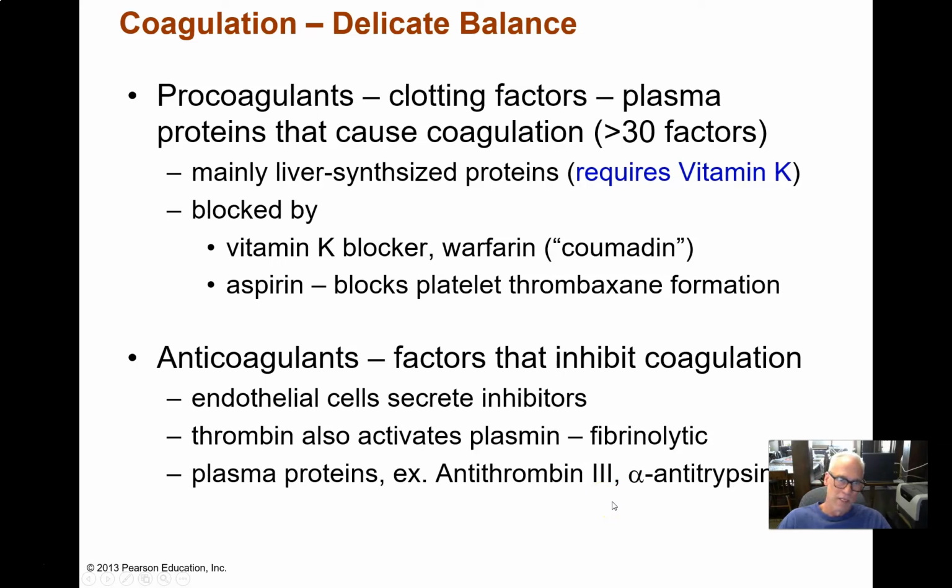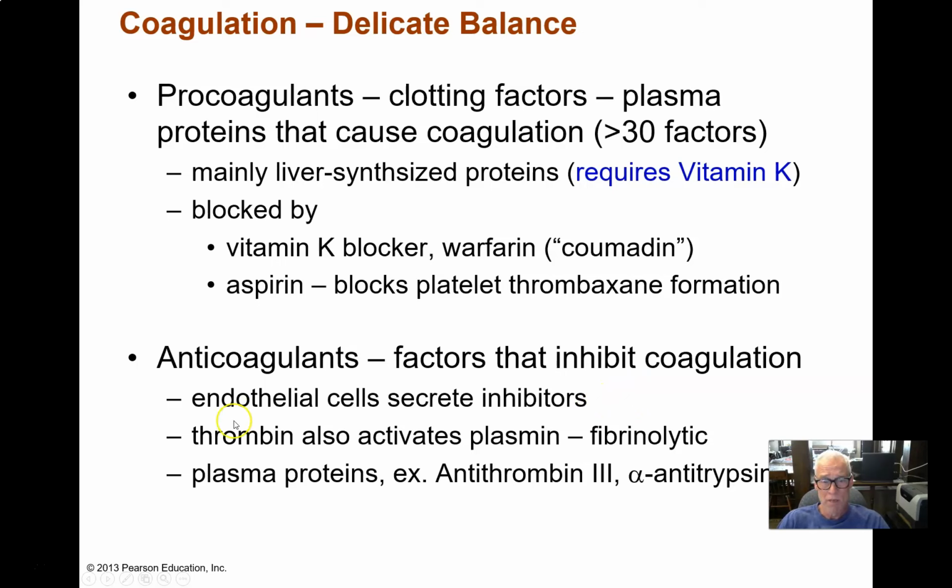So procoagulants are just the clotting factors themselves spontaneously activating, and anticoagulants are plasma proteins. The endothelial cells that line your blood vessels and that are the walls of the capillaries secrete inhibitors of coagulation. So they have this glistening, slick, smooth surface that the blood just glides past and no fibrin begins to accumulate on the surface of the endothelial cells.